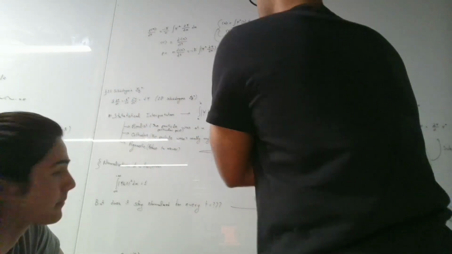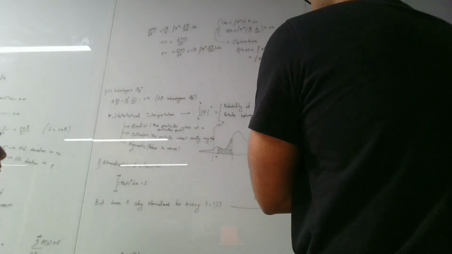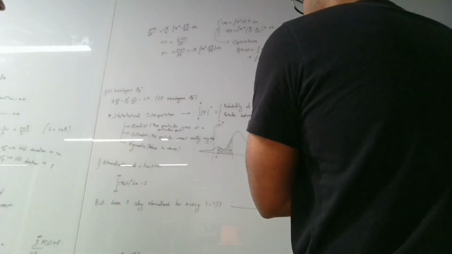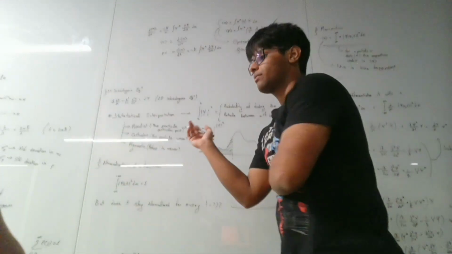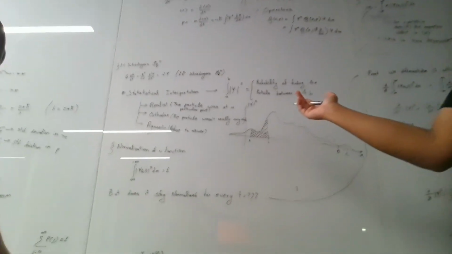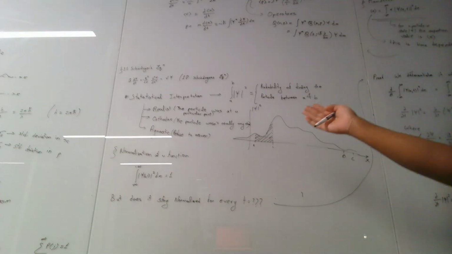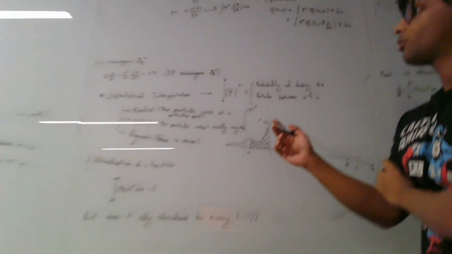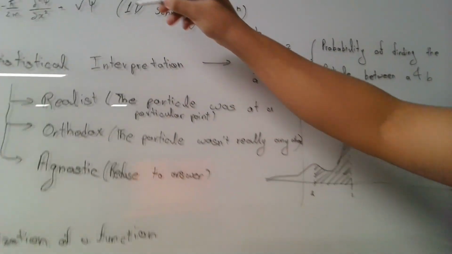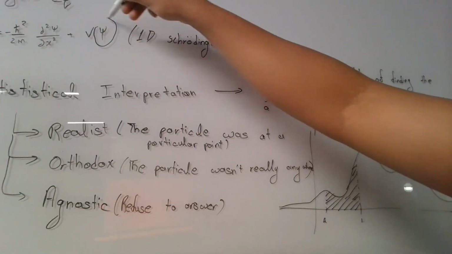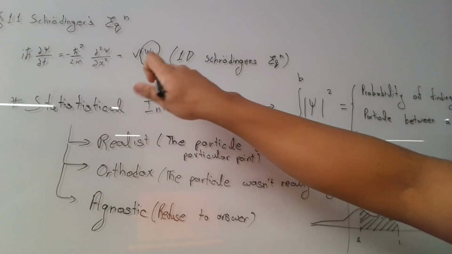There's a statistical interpretation of what the Schrodinger's equation is. Let's just say the existence of a particle itself can be given in terms of probability, right? So you can see this function right here. This is a function dependent on position and time.